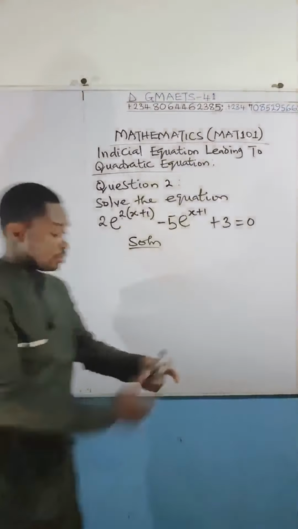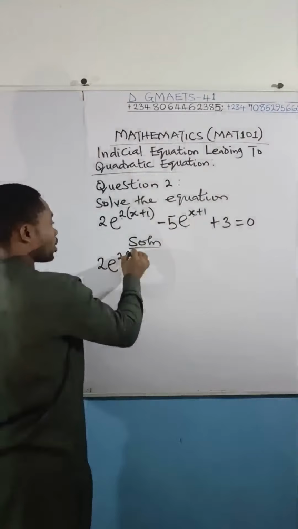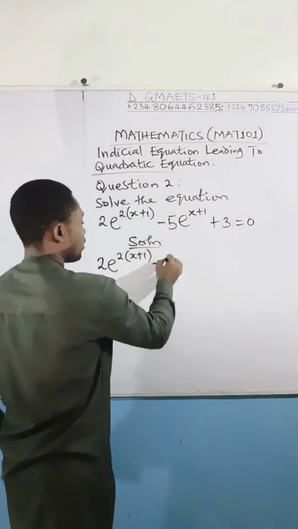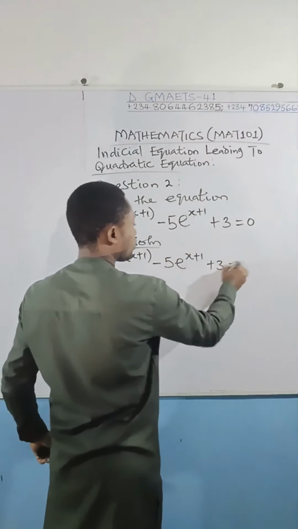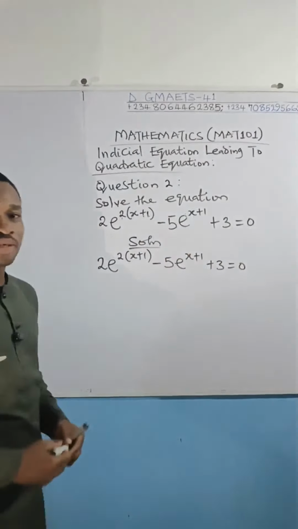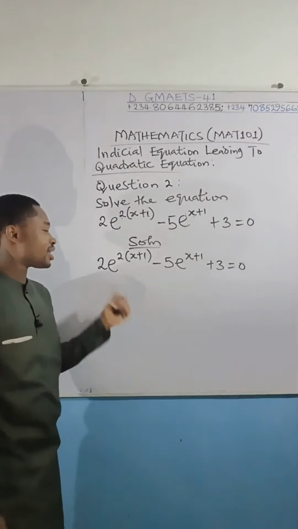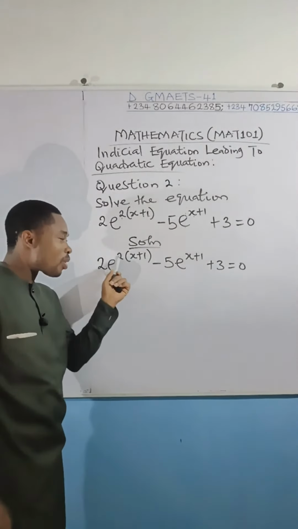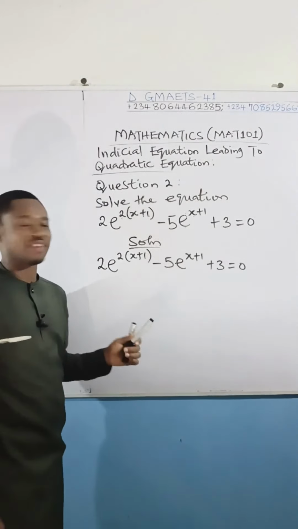All right, solution. So we have 2 exponential 2 bracket x plus 1, and then minus 5 exponential x plus 1 plus 3 equal to 0. That is the question given to me. See, why punishing myself here? How about I decide to shift this power 2, always write it after the unknown alphabet.